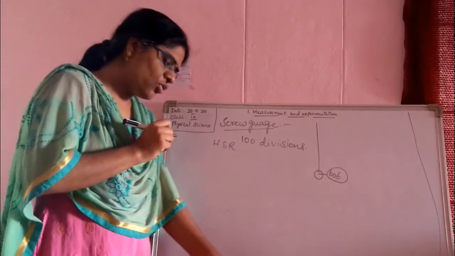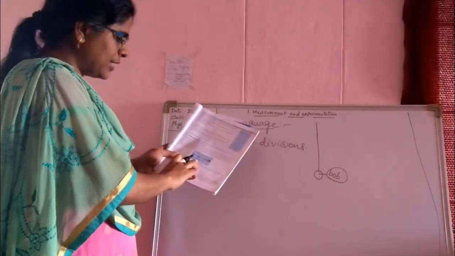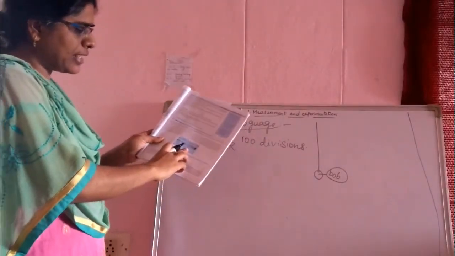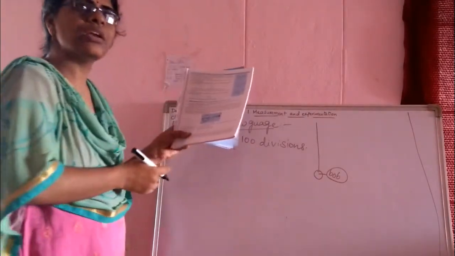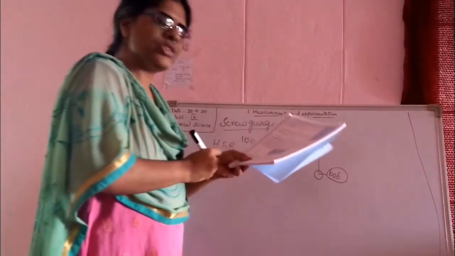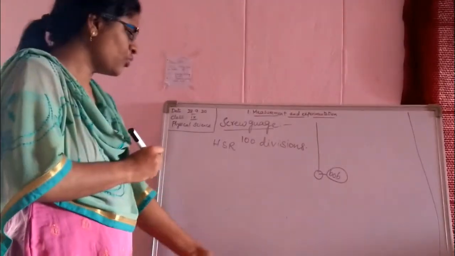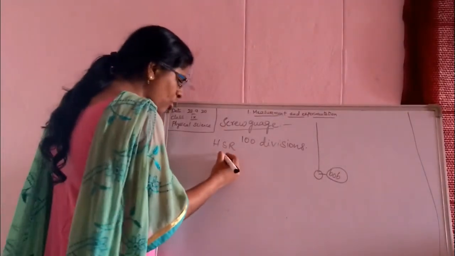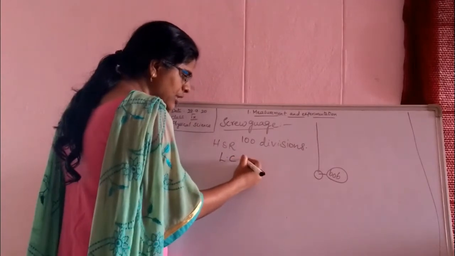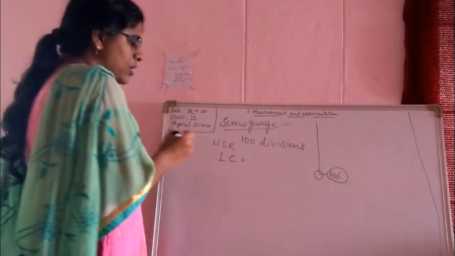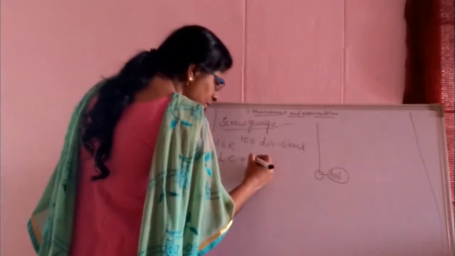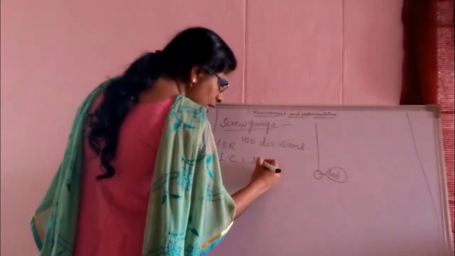Okay. Now not only that, he has shown you main scale and a circular scale. You look into your textbook if you have. Okay. 100 divisions are there. Now least count of a screw gauge, this also we will measure in mm. The number of the divisions difference is 1 mm.